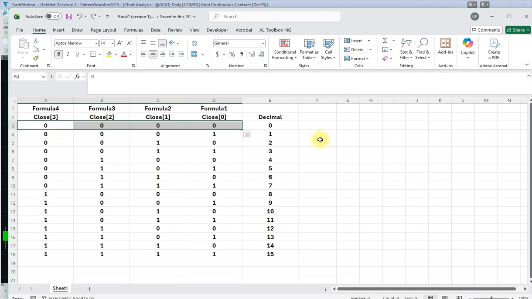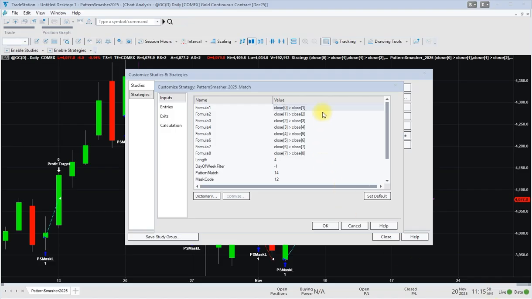And the thing to keep in mind is when you're using PatternSmasher, you must make sure every formula can result in a true or false statement. So in most cases, you're going to have a greater than, a greater than or equal sign, less than sign, or less than or equal sign.